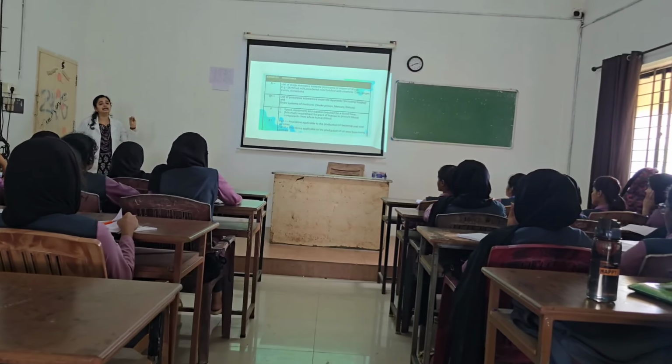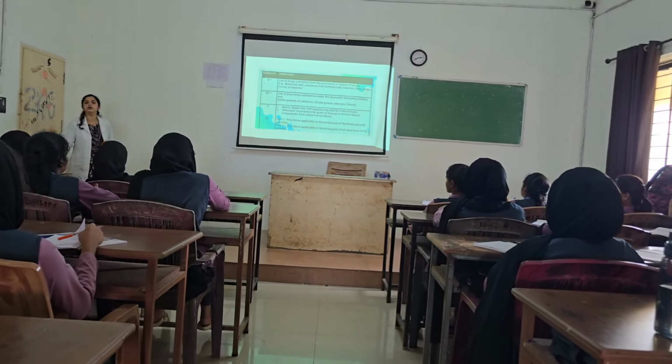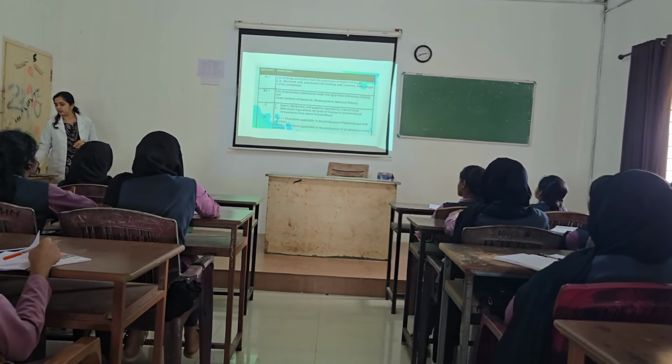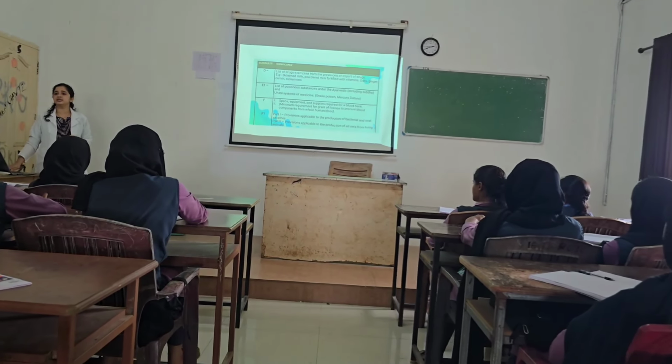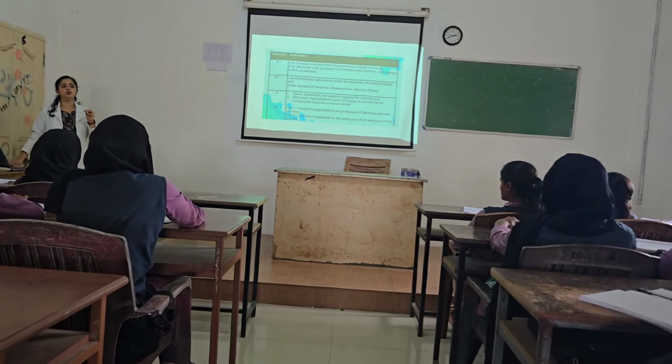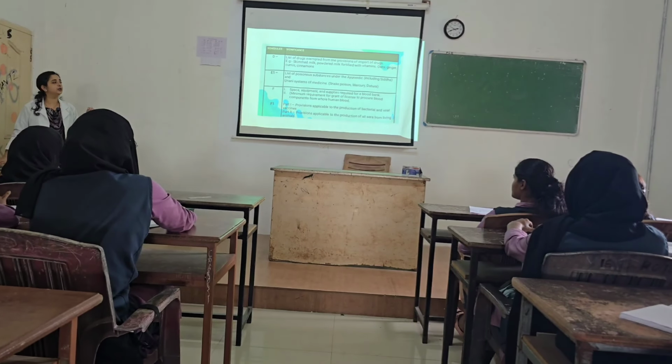And Schedule D is the list of drugs that are exempted from the provision of import, and Schedule E is the list of poisonous substance under Ayurveda, Siddha, Unani system of medicine.